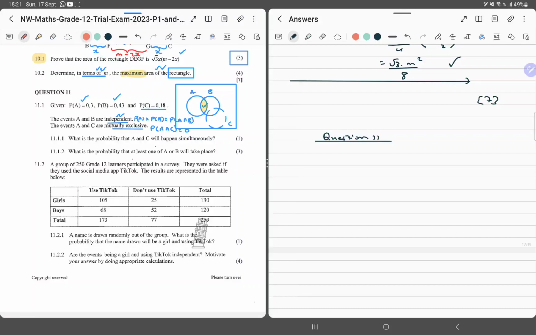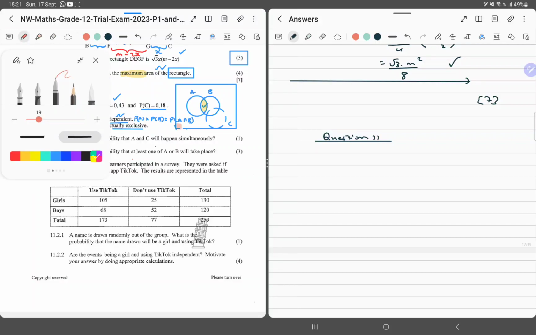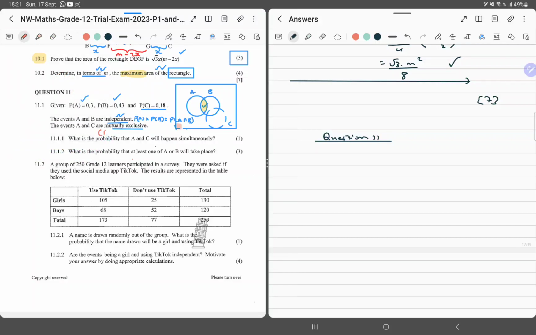This is also a very important statement to know, that the probability of A intersection C should be 0. That is the message being sent to us.